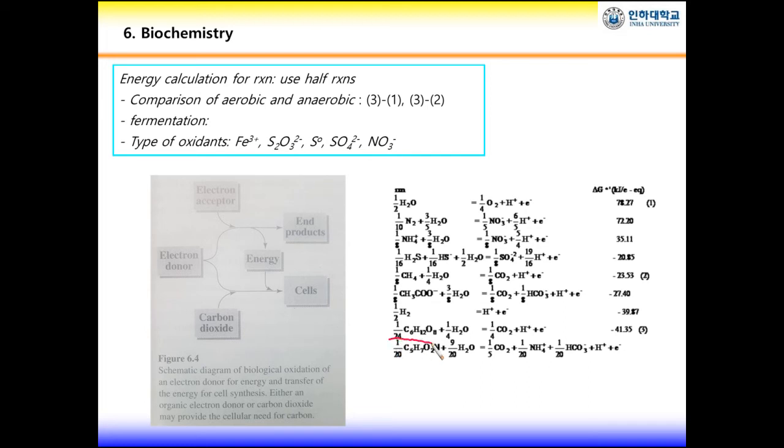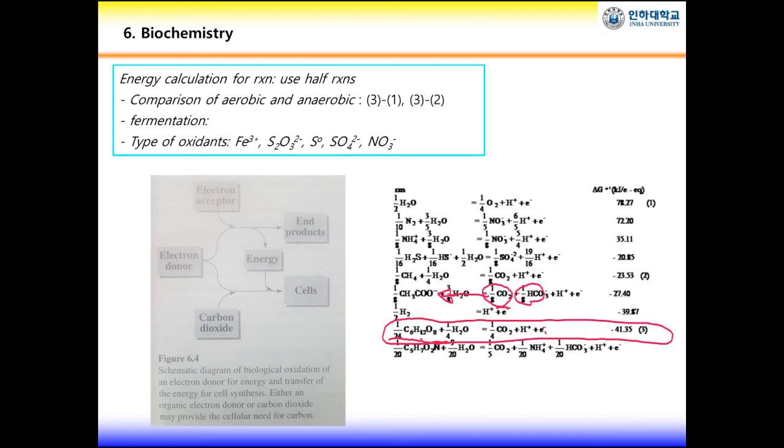For example, glucose releases electrons, and those electrons are captured by carbon dioxide or by carbonate and produce acetate.